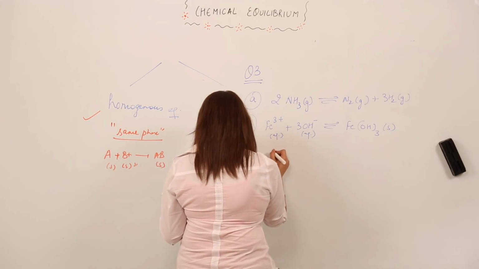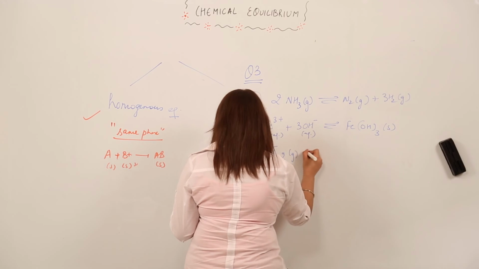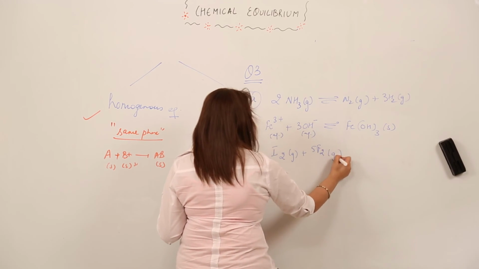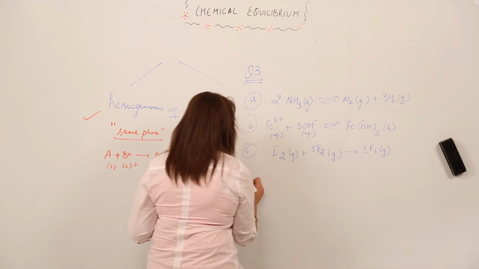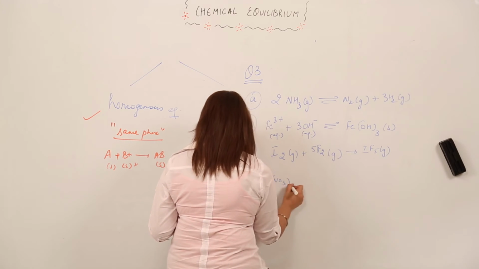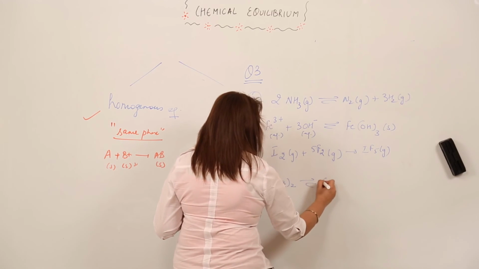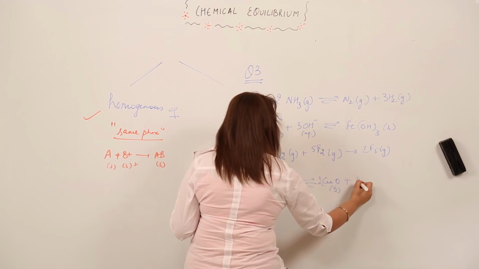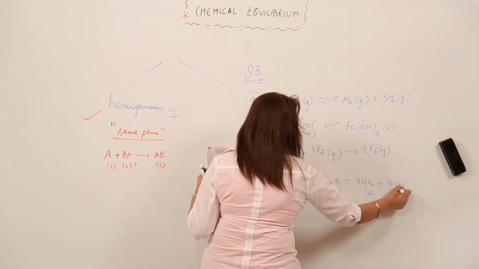The third we have is I2 in gaseous state plus 5F2 in gaseous state, and again we have IF5 in gaseous state. The fourth reaction we will be discussing is copper nitrate in solid form, copper oxide in solid form plus 4NO2 and plus O2 in gaseous form, right.